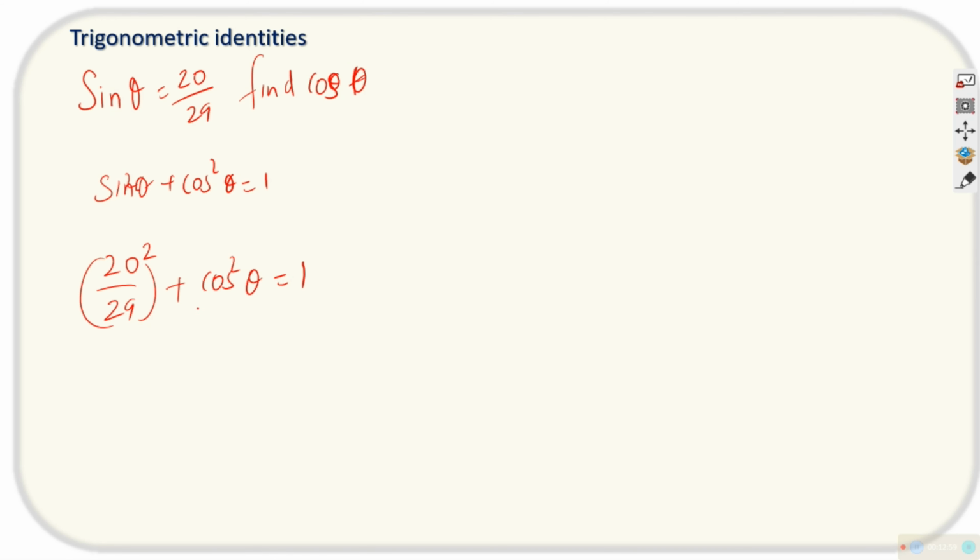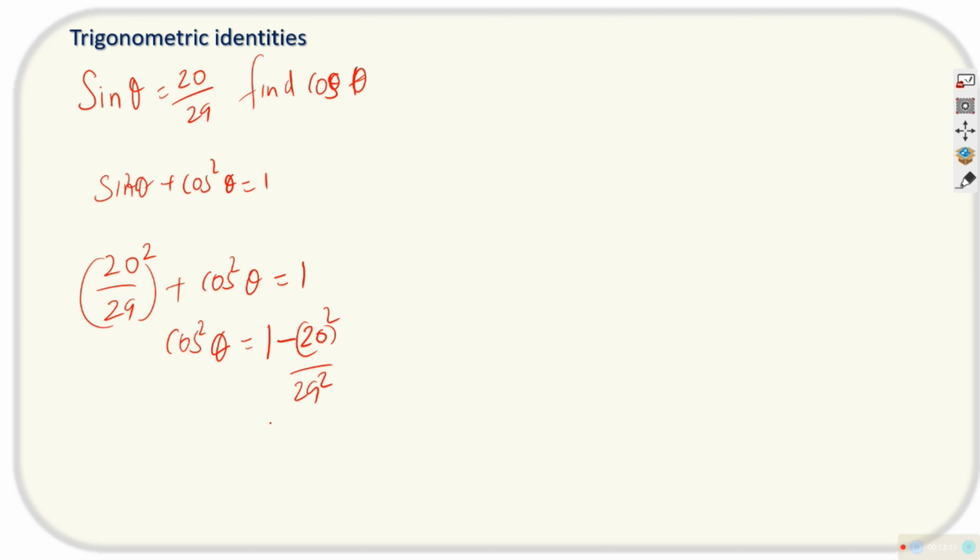You can square this if you want, otherwise you can simply say that cos square theta is equal to 1 minus 20 square upon 29 square.